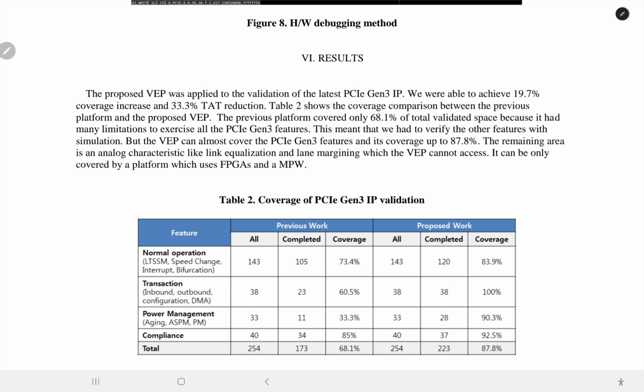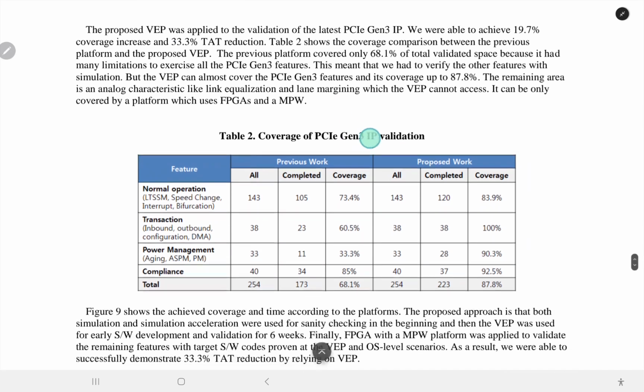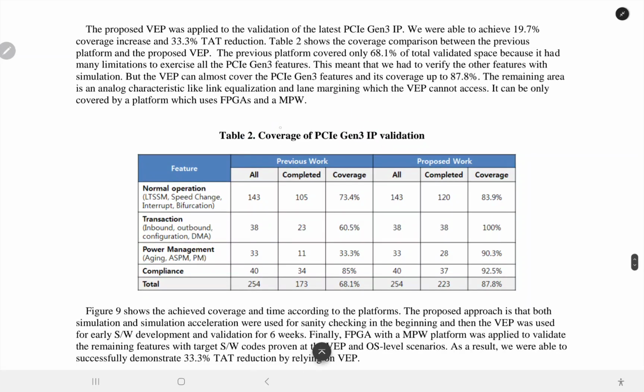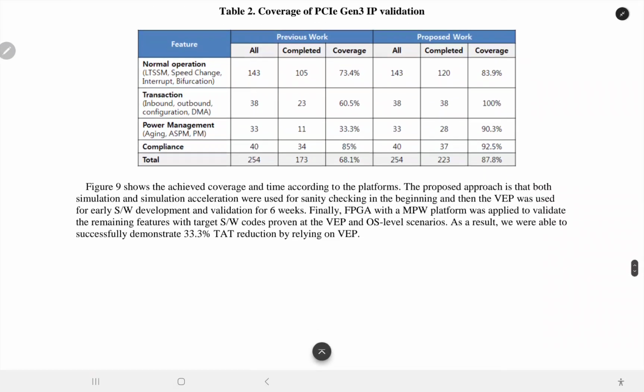The remaining area is analog characteristics like link equalization and lane margining, which the VEP cannot access. These can only be covered by the platform which uses FPGAs and MPW. Table 2. Coverage of PCIe Gen3 IP validation.